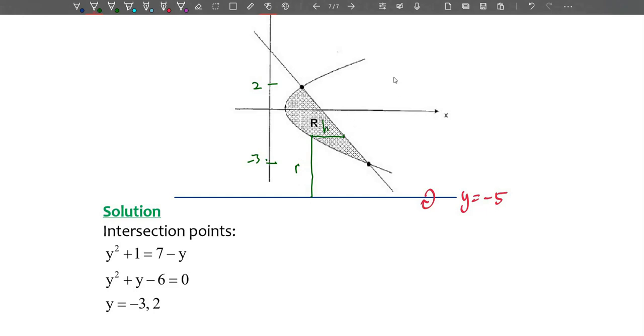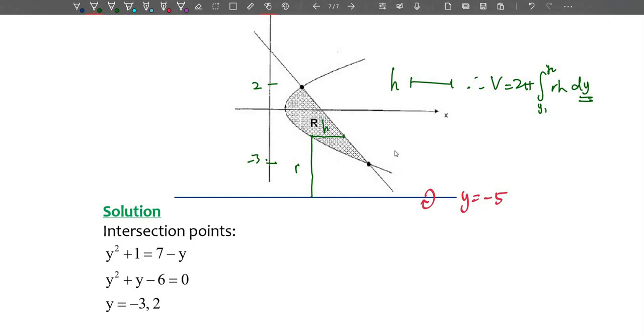As you can see, the height is horizontal. Therefore, V is equal to 2 pi integrate RH with respect to y. This should be from y1 to y2, so we refer to the intersection points. That means from negative 3 to 2.